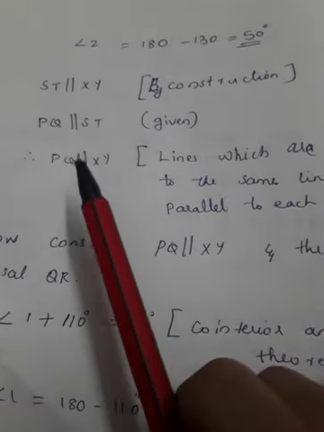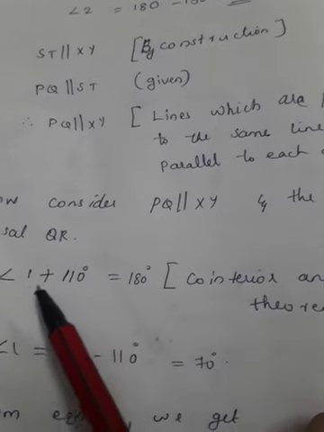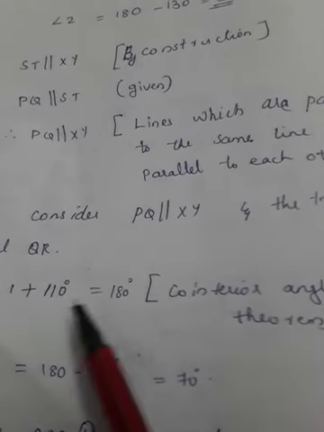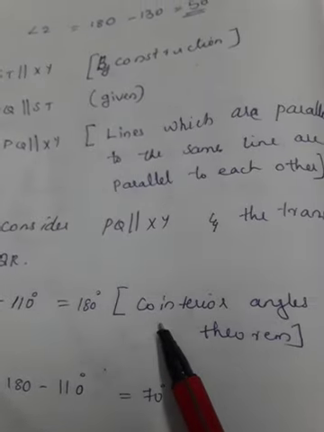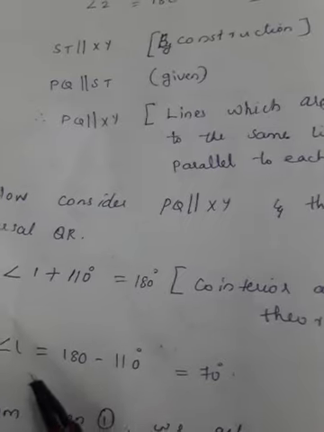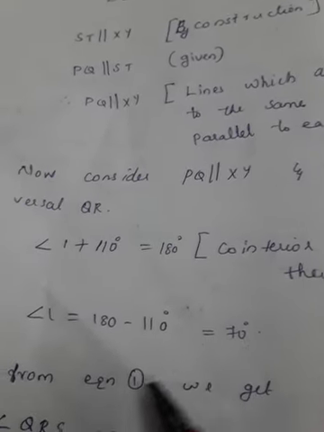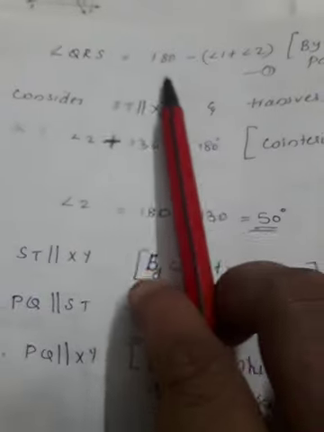So, we can consider PQ and XY, those parallel lines, and the transversal QR. Then angle 1 plus 110 will be 180 degrees, same reason, co-interior angles theorem. Then we get angle 1 equals 70 degrees. Then we can substitute this in equation 1. What is equation 1?